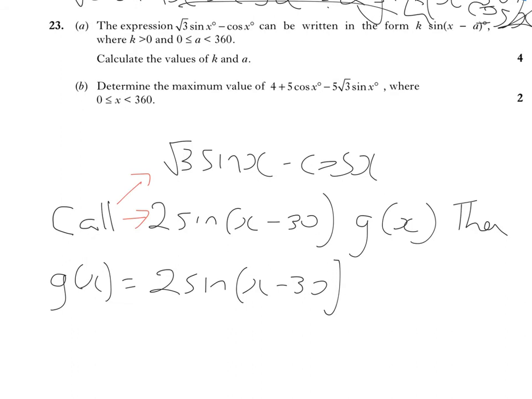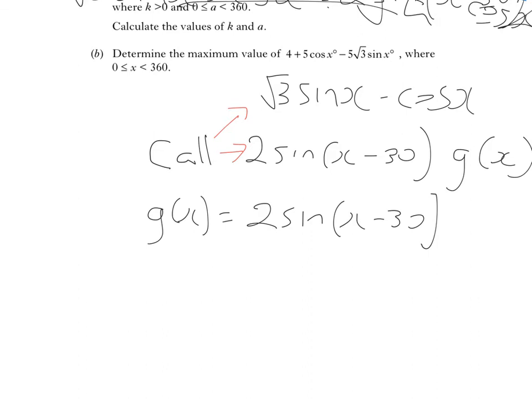Now I'm going to call root 3 sin x minus cos x g of x, and remember root 3 sin x minus cos x is just 2 sin(x minus 30), so I'm going to call that g of x. Now we can see clearly that that's got a maximum value of 2.